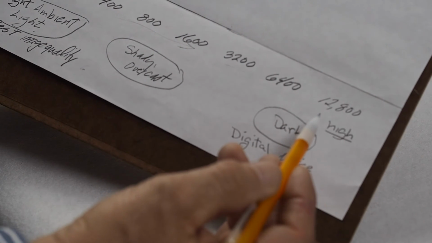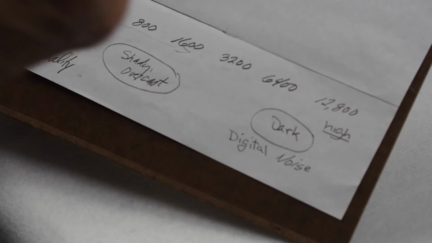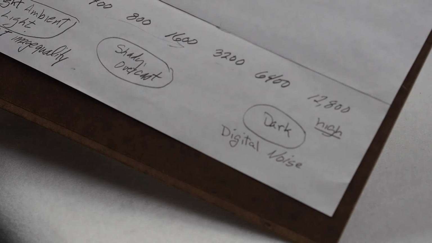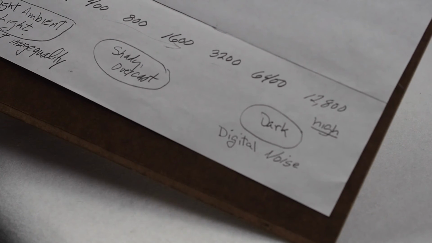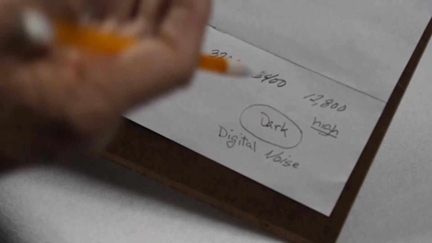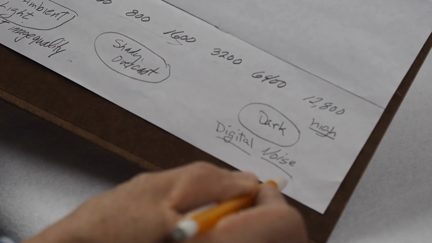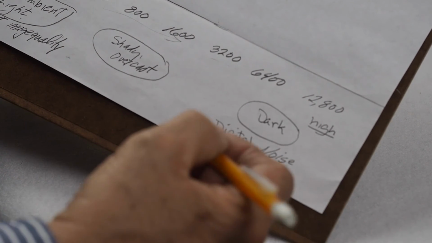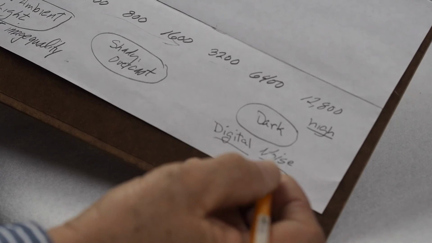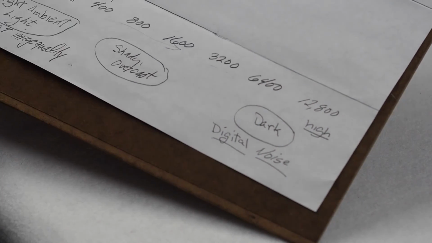But still, as you look at the dark areas of your image, the shadow areas of an image, or if it's a really overall dark image, you're going to find digital noise. And that, we said, was the modern version of grain. So that's how ISO, choosing a specific ISO, affects the outcome of your image. And that's why we always try to stay at the native or the base ISO that your camera has.